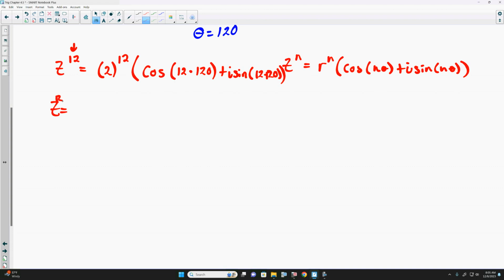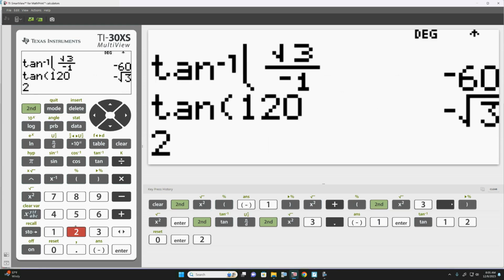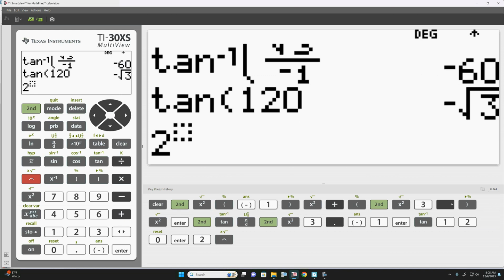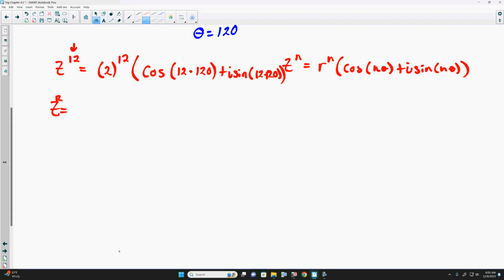Well, we all know 2 to the 12th. We know what that is. 4056. I don't know. 4096. I was just making a guess. I had no clue. Now at this point, we simplify what's inside our parentheses.